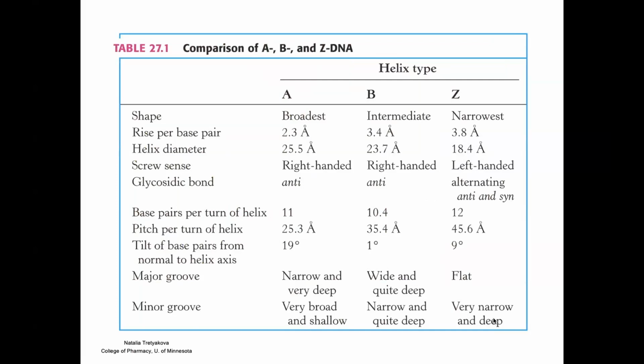Because of that extra OH group on the 2' carbon of the sugar of the nucleotides, the helical twist is such that you create an A-form nucleic acid, or double-stranded RNA.